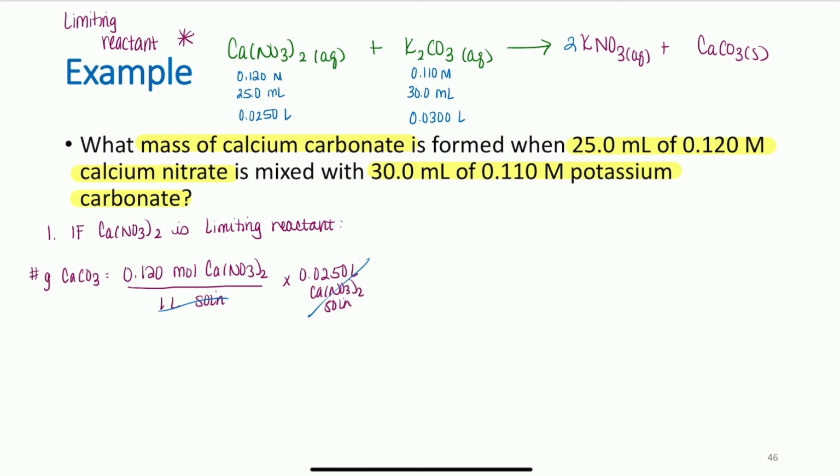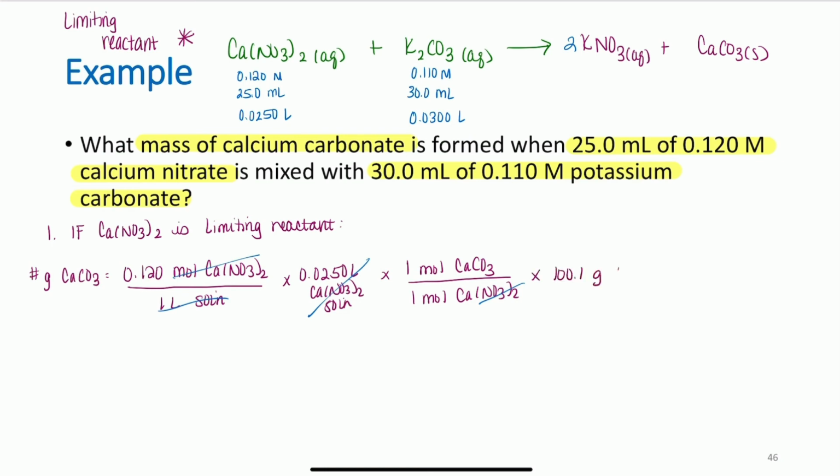Now that I have moles of calcium nitrate, I can easily convert to moles of calcium carbonate. It's 1 mole of calcium carbonate to 1 mole of calcium nitrate. Now I'm in moles of calcium carbonate, and I can use the molar mass of calcium carbonate to determine how many grams I could form.